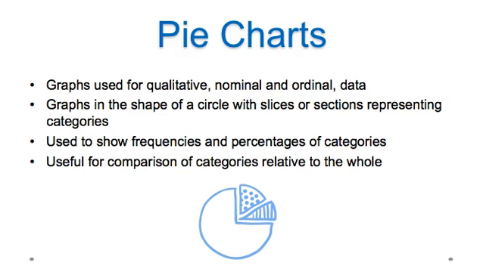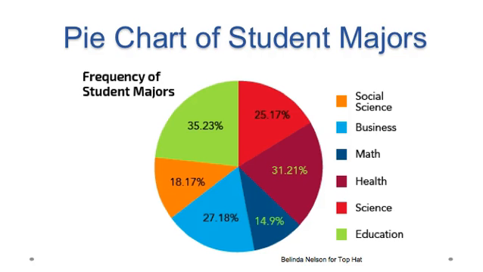Pie charts can be created only if all the categories of the variable are represented. Here's an example of a pie chart from your textbook. Here are some tips for evaluating a pie chart. Check to be sure the percentages add up to 100% or close to it.